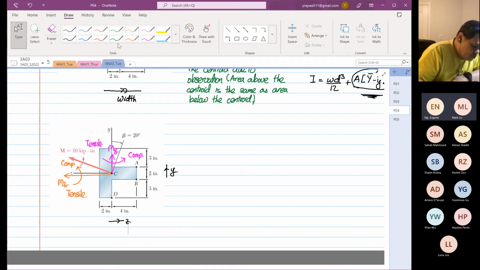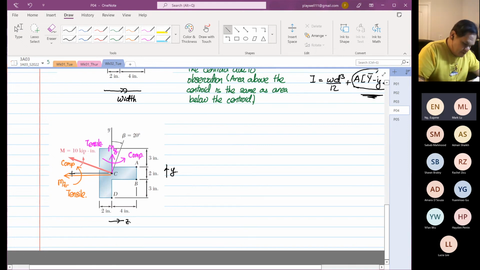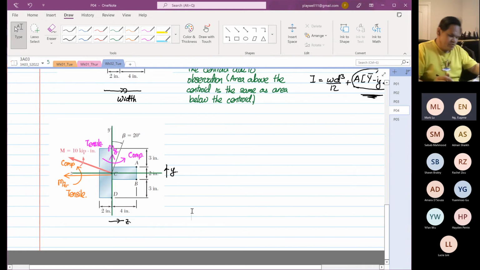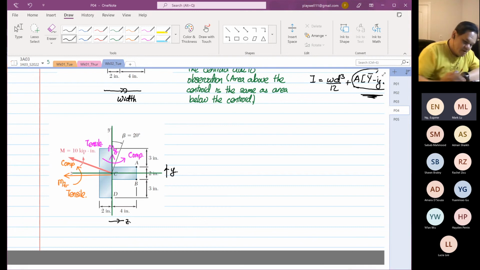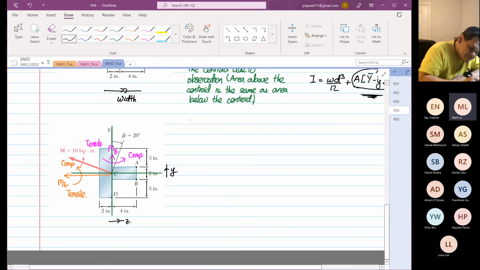I'm also going to superimpose our position of centroid. Okay. So this is our centroid along the z-axis, and the next one is our centroid about the y-axis. Okay, so those two are our centroids. So we want to find the stress at point A.